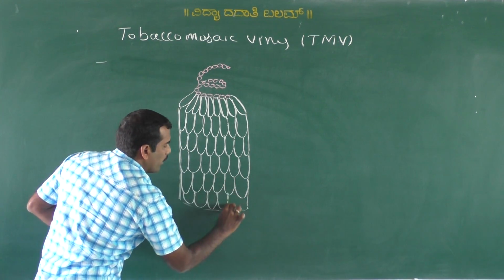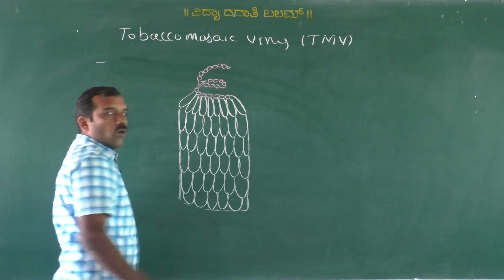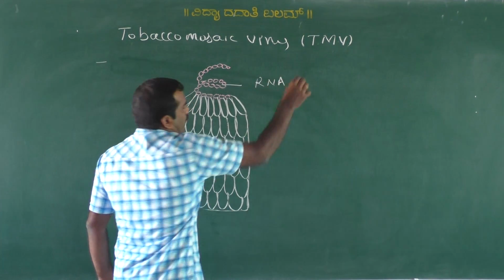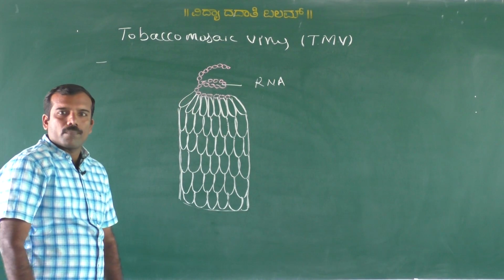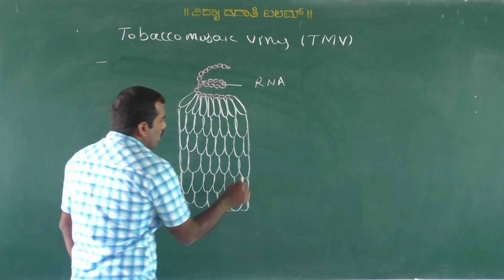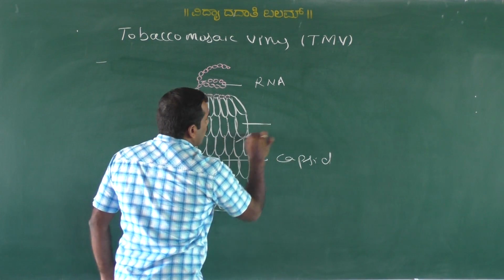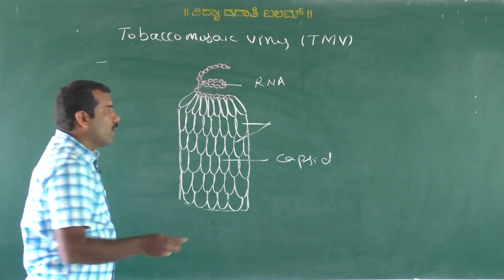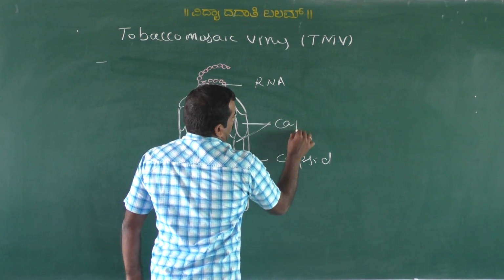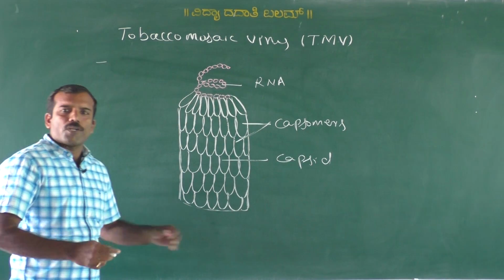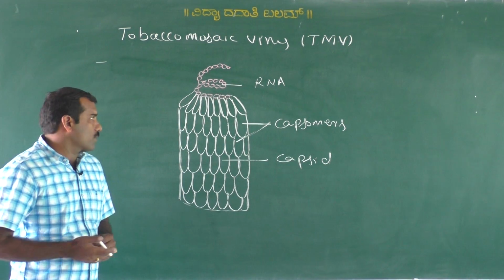So this is a simple structure of tobacco mosaic virus. This is RNA, a genetic material, or nucleic acid. This is totally called capsid, which consists of the subunits called capsomers.